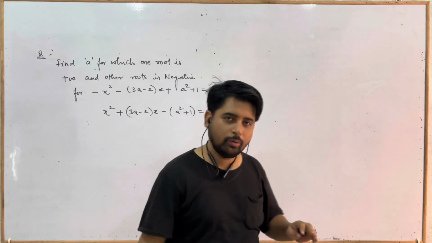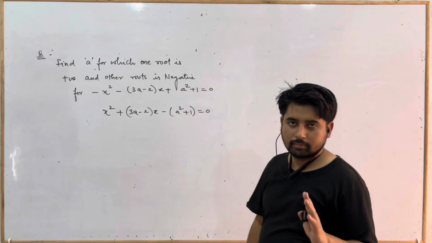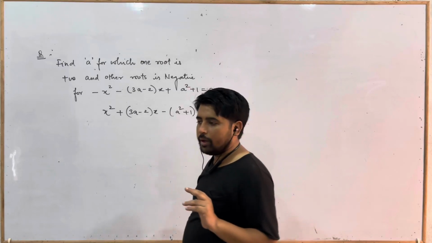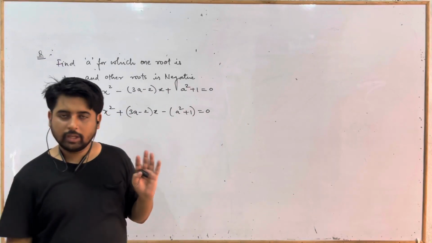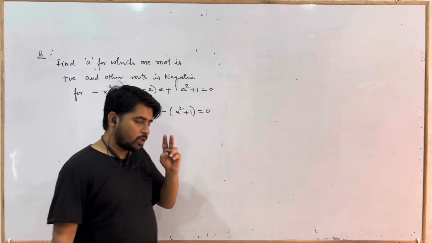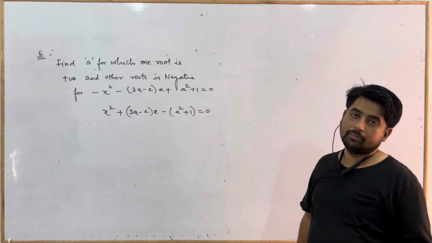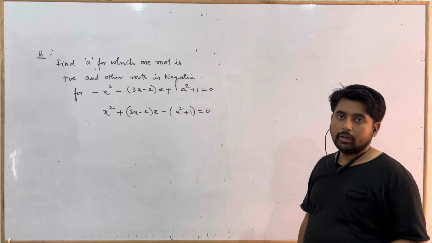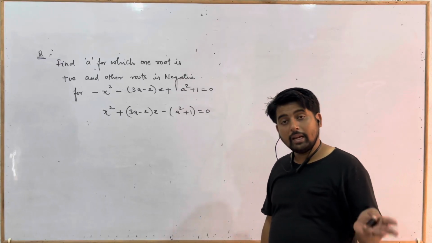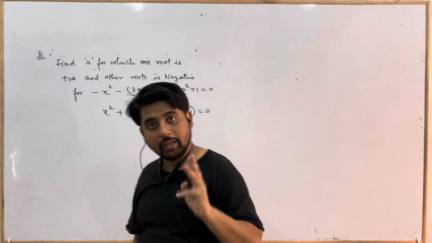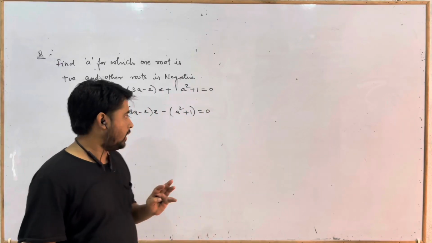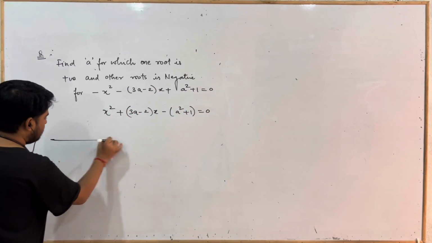Now D greater than 0, no need to write this one. We cannot relate the minus b by 2a with respect to k. Focus on these three things, because in the examination it is very difficult to memorize the condition. First we have to draw the graph and then according to the graph we have to think about the three things. The graph looks like this.